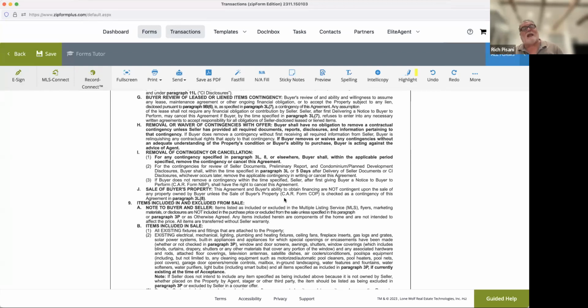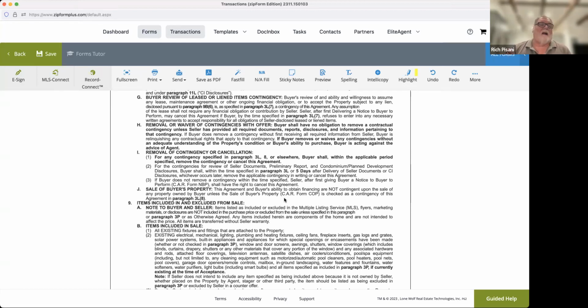So just because your days have passed for that contingency removal, that doesn't mean it's gone away. Not until a seller has given a notice to perform, and then you still haven't removed it, then the seller can cancel. But it just doesn't automatically go away. It has to be removed in writing.